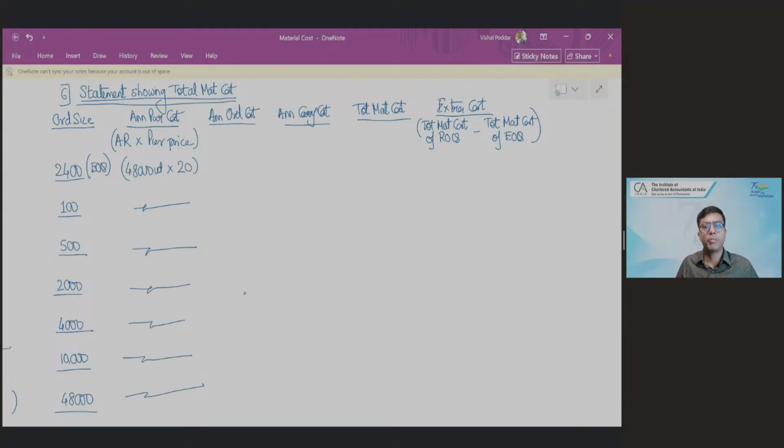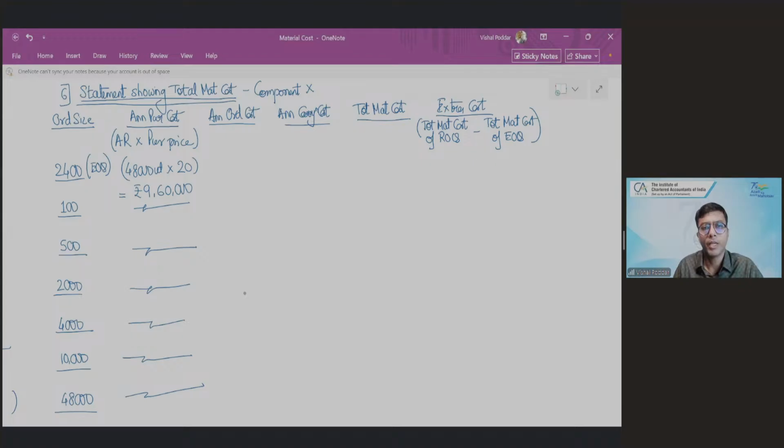Why? I am purchasing the same item, that is component X. Okay, let me write here. So we are finding out the total cost for component X. So all these calculations are of component X and the annual purchase cost will be the same. So I'm writing here 960. It will be the same in all the options.